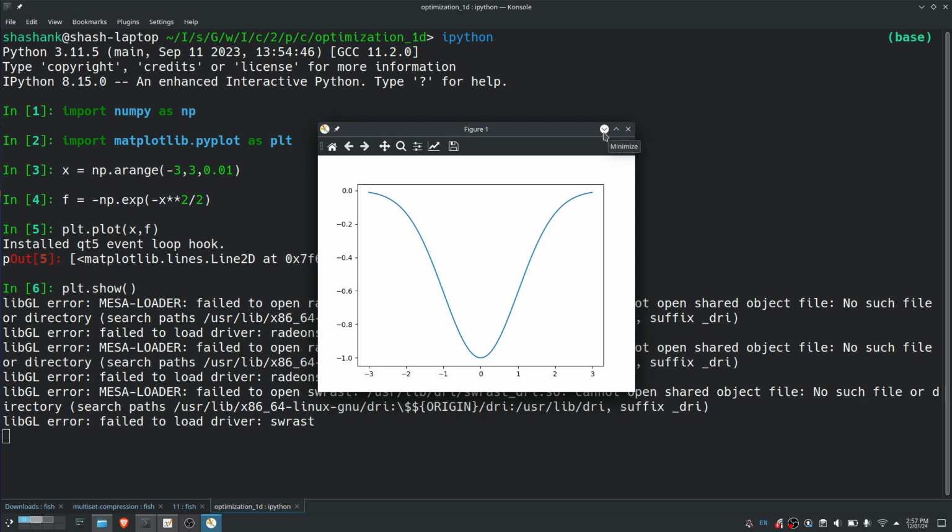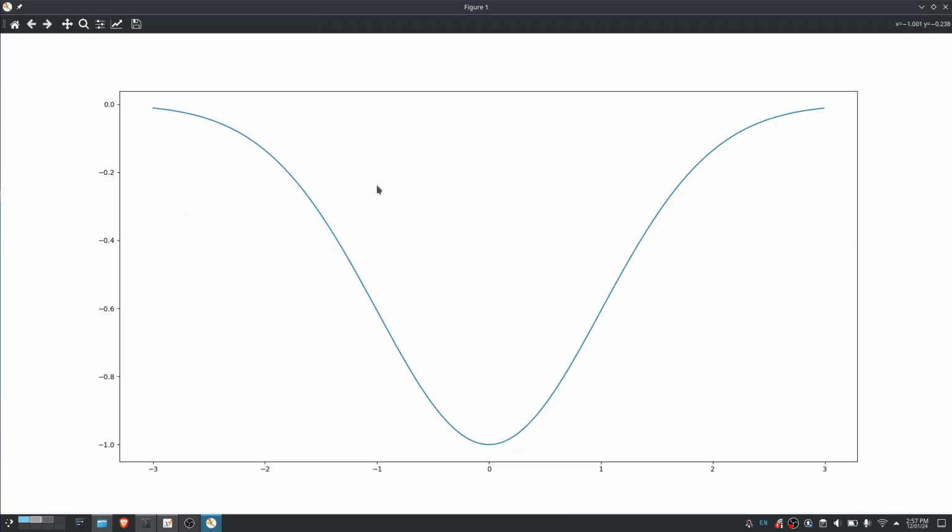Okay, maybe this is sufficient for us. So is this convex? For x greater than 0, you say that it is convex. Is it? For x greater than 0, it's convex. Are you sure? Just visually, let's see what happens.